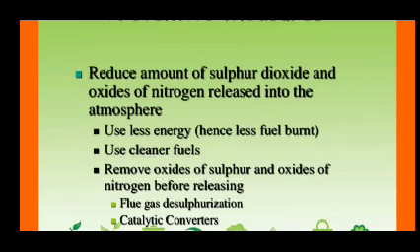This reduces the amount of sulfur dioxide and oxides of nitrogen released into the atmosphere. Use less energy. Use cleaner fuels. Remove oxides of sulfur and oxides of nitrogen before release.